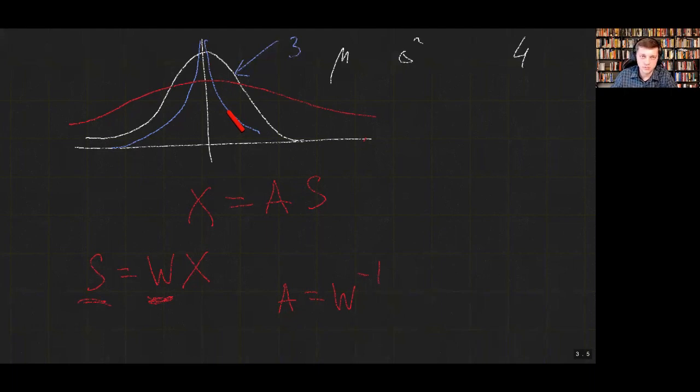We need to push it away from Gaussian. So the more non-Gaussian sources we get, the better. Notice each one can be measured independently of each other. As long as each of them is as non-Gaussian as we can get, the result should be good. And the results are surprisingly good.